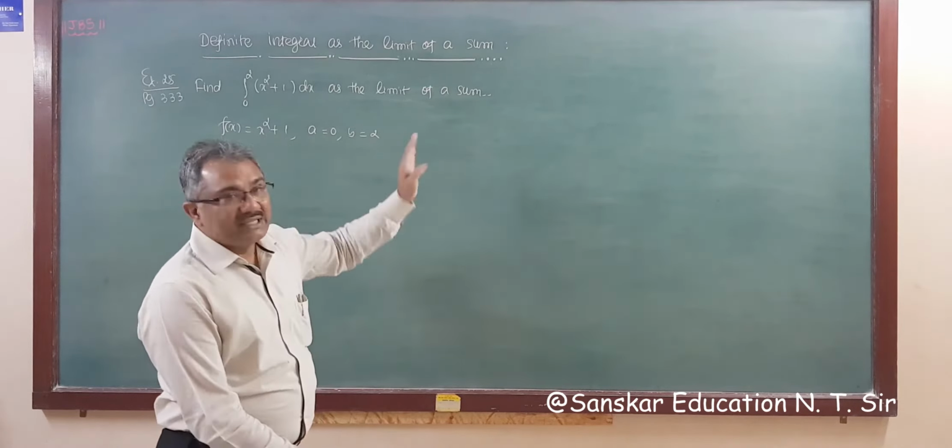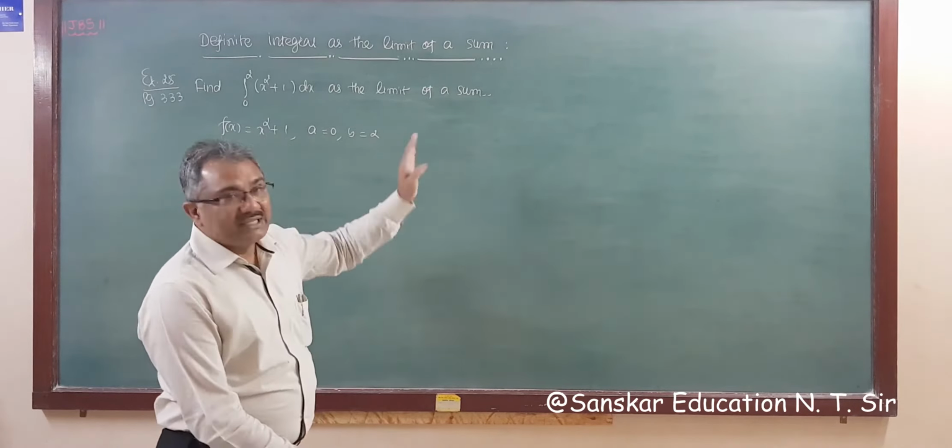So as you know, what we did in the theoretical portion, we divide this closed interval AB, means 0 to 2, in n equal parts, right? So here f is a continuous function on the closed interval 0 to 2.